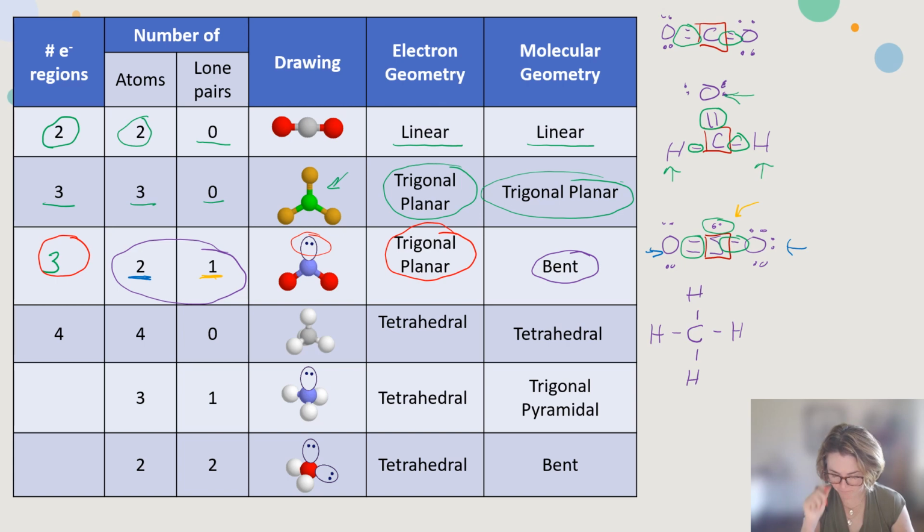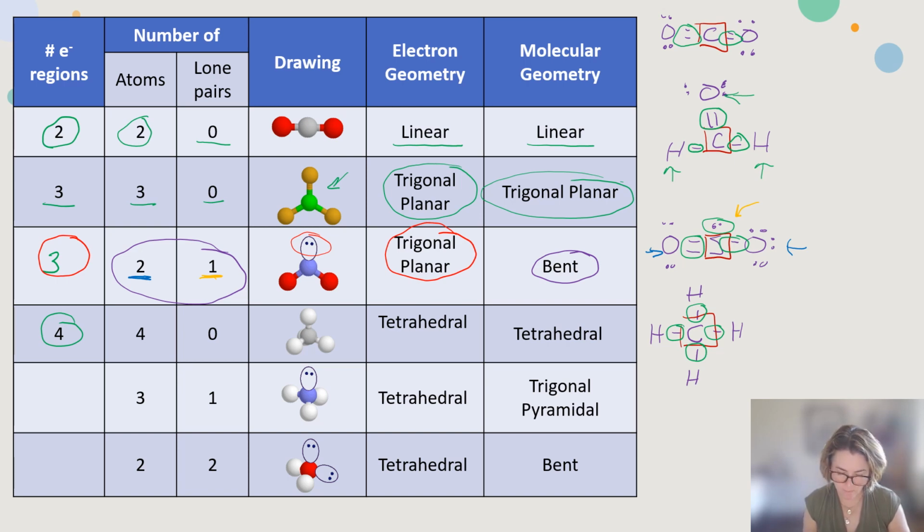All right. So again, I want to put a box around my carbon, around my central atom. And now I'm going to go ahead and count up all of the regions around that central atom. And I have 4 single bonds. So that is going to give me 4 electron regions.